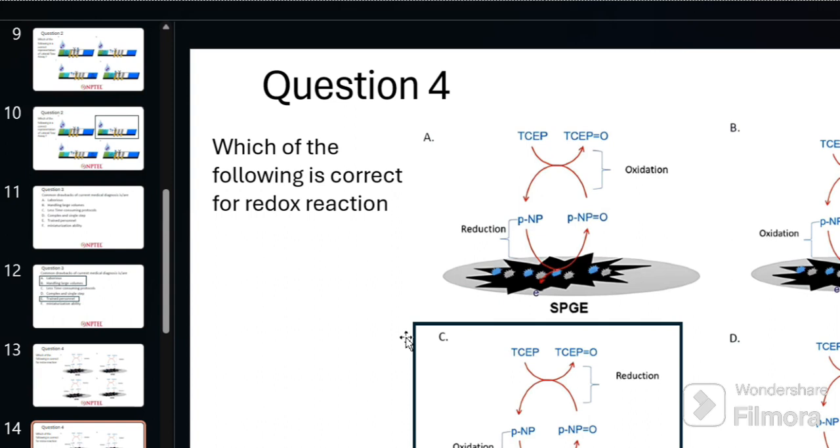Many times it is very difficult to remember every byproduct and every reaction. Using this technique, at least you can solve the answers in a better and more accurate way. That is why I'm teaching you this way rather than going into the fundamental reactions.